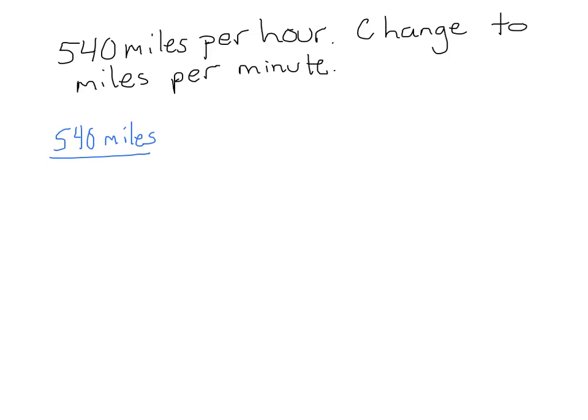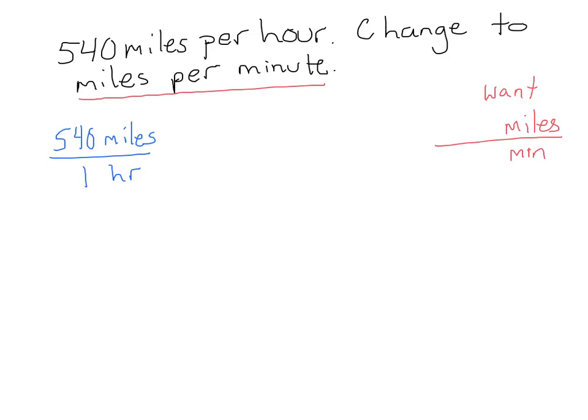You have 540 miles for every 1 hour. You start with what you have, and you write what you want. What we want is to change this into miles per minute, the ratio of miles to minutes.